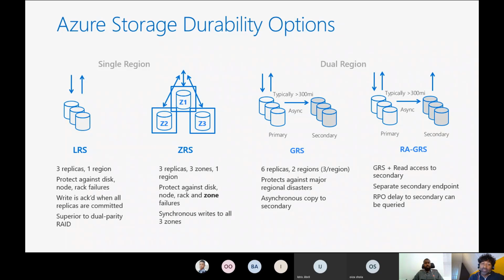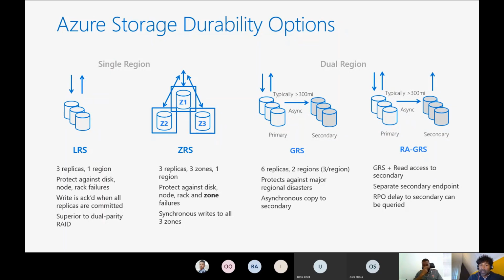Locally redundant storage is typically 3 replicas in one region. It's generally protected against disk failure in one rack and ensures that the replicas are split over different nodes and racks, pretty much following the update and fault domain principle.